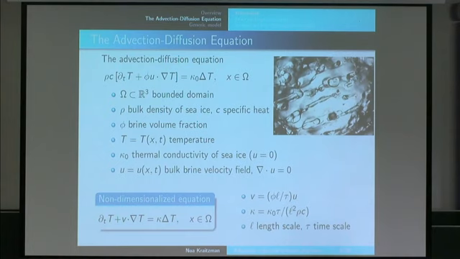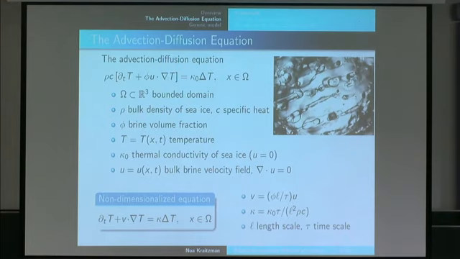So I will present two models. To start, I will start with this model where we take the advection diffusion equation, which connects the thermal conductivity and the brine velocity field. So in this equation, rho is the bulk density of the sea ice, C is the specific heat, phi is the brine volume fraction, and T is the temperature.